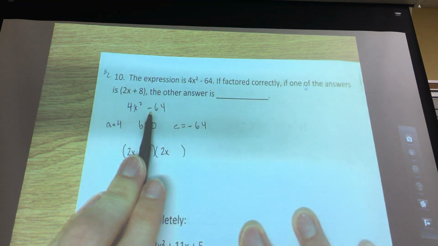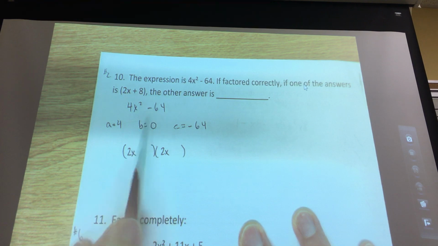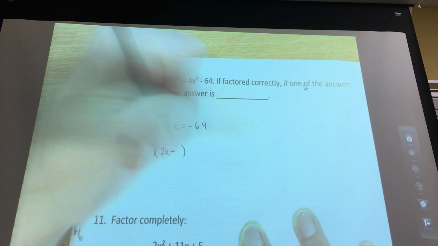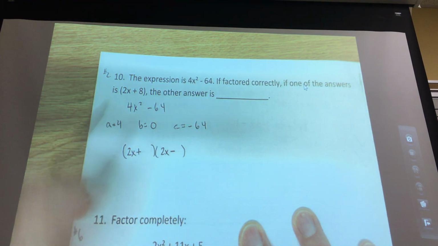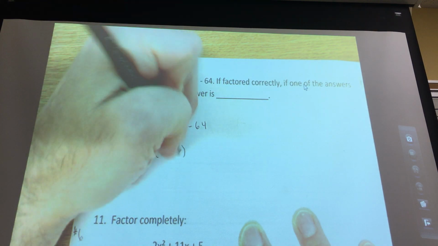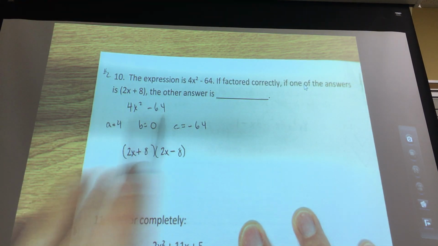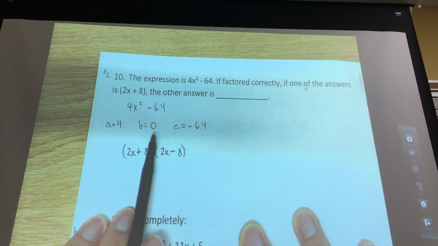This is a little bit different because it's a negative, so you know to get a negative here, I'm going to have a negative and a positive. So you could have a positive here and a negative here, or vice versa, it doesn't matter. And what two numbers multiply to give you 64 that are the same, and that's going to be 8 and 8. This is how you simplify a special case when it's missing b, when b is 0 in this case, not missing, but it's 0.